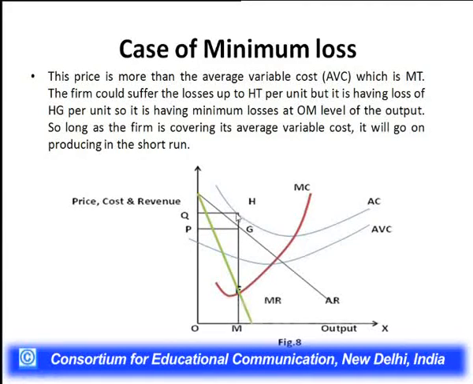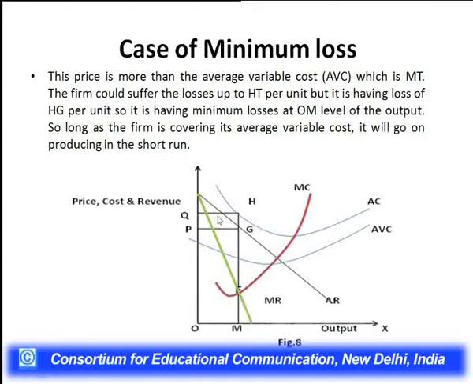The maximum loss it can cover is from H to this point T on AVC, which is showing the average variable cost as MT, and the HT part is the per unit fixed cost. This loss could be borne by the monopolistic competitive firm, but the loss is less.